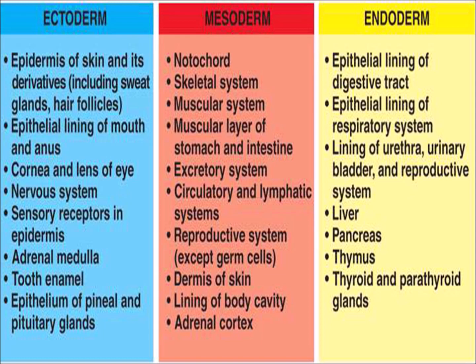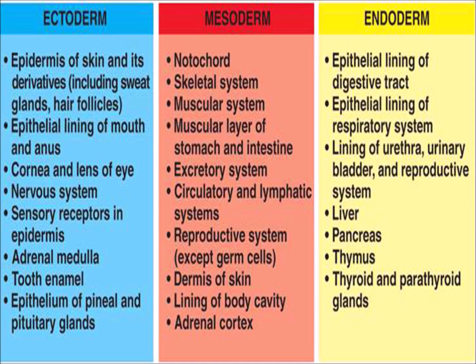From the mesoderm, notochord is derived, skeletal system, muscular system, muscular layer of stomach and intestine, excretory system, circulatory and lymphatic systems, reproductive system except germ cells, dermis of skin, lining of body cavity and adrenal cortex.